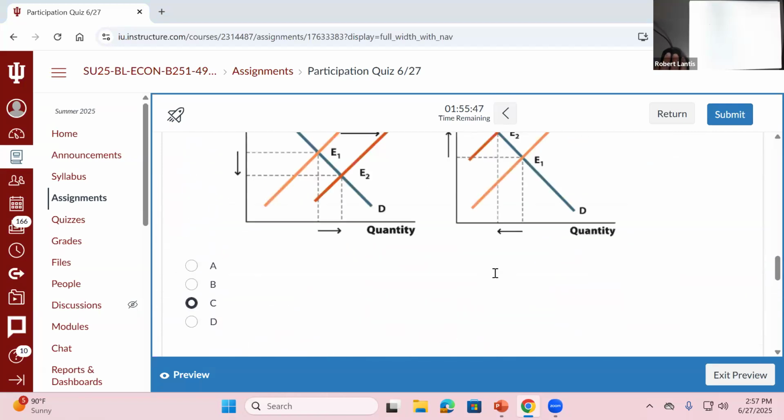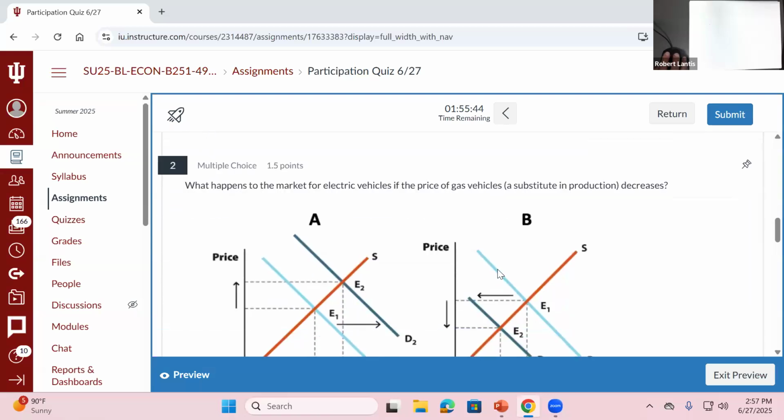No worries. So for question 2, if I'm producing something, right? I can have my production facility, but it can only really be set up, say in this next month, to produce one thing: gas-powered vehicles or electric power vehicles. If all of a sudden the price that I can sell gas-powered vehicles for decreases, what am I more likely to switch my production facility over to?